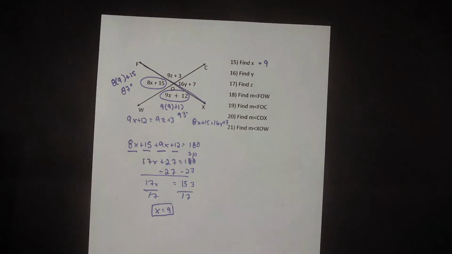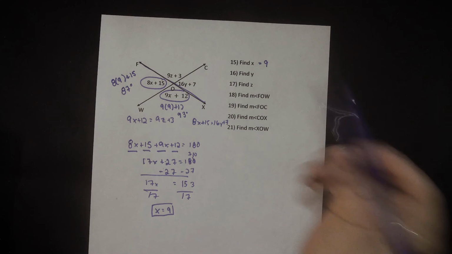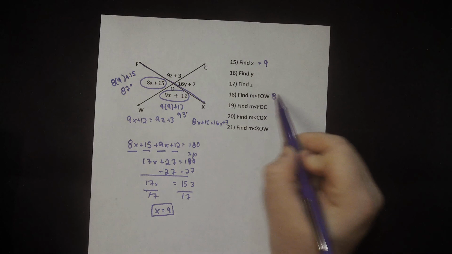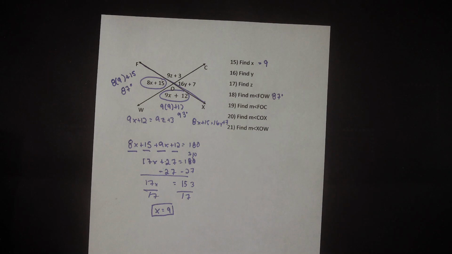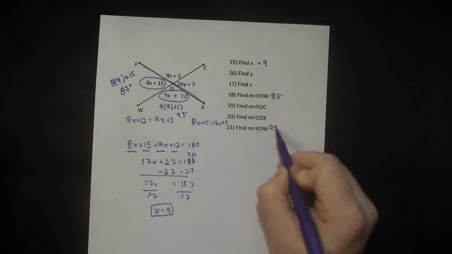And if I do the quick math in my head, 93 and 87, they would add up to be 180. So that means that they are good. FOW is 87. And WOX, which is the bottom one, XOW, it's the same thing, but backwards, is 93.